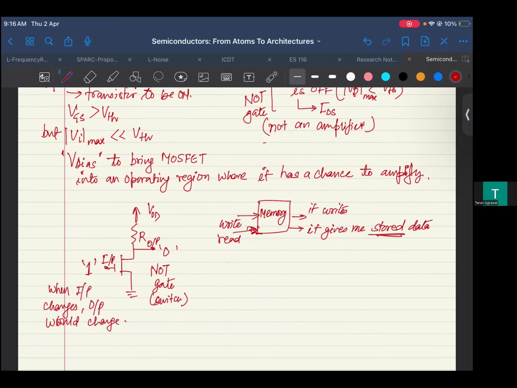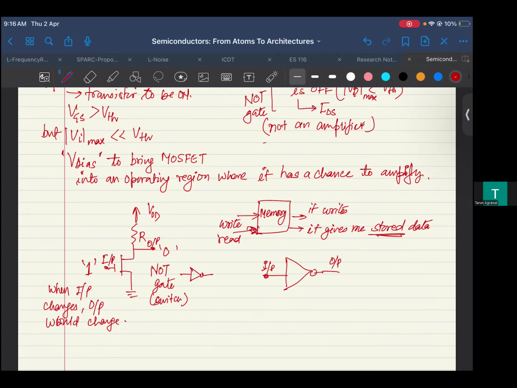So then you see a very interesting property. Let's say I'm just representing this circuit which we saw as a NOT gate, right? I have these elements where I'm applying an input and getting an output, but what you are saying is that I don't want that. I want my output to be stored, right?